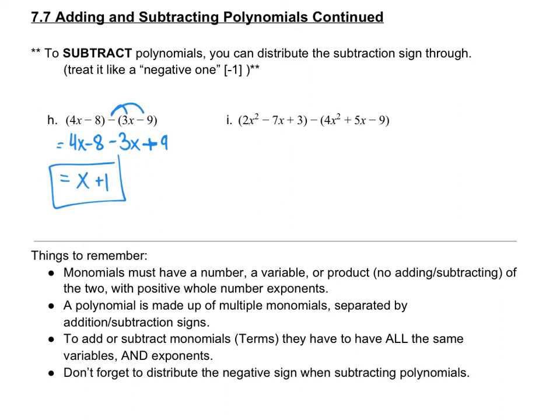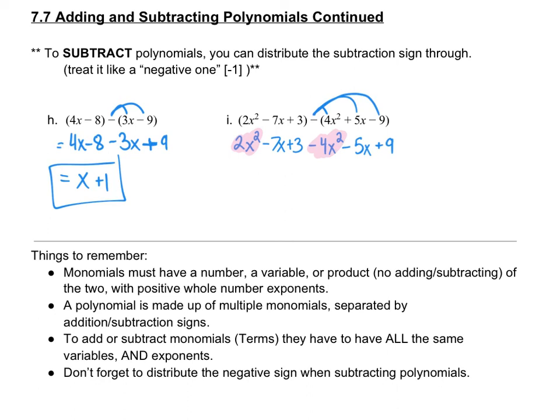For letter I, I have 2x squared minus 7x plus 3. That stays the same. And then I am subtracting 4x squared. I'm subtracting a positive 5x. And again, subtracting a negative 9. So the double negative makes me add 9. So let's look for some like terms. I see a 2x squared and a negative 4x squared.